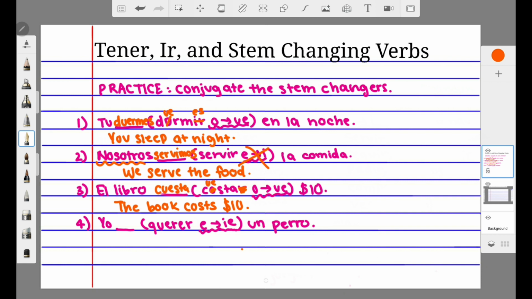Yo querer, E to IE, un perro. So we're going to change this to IE and then quiero. I want a dog.